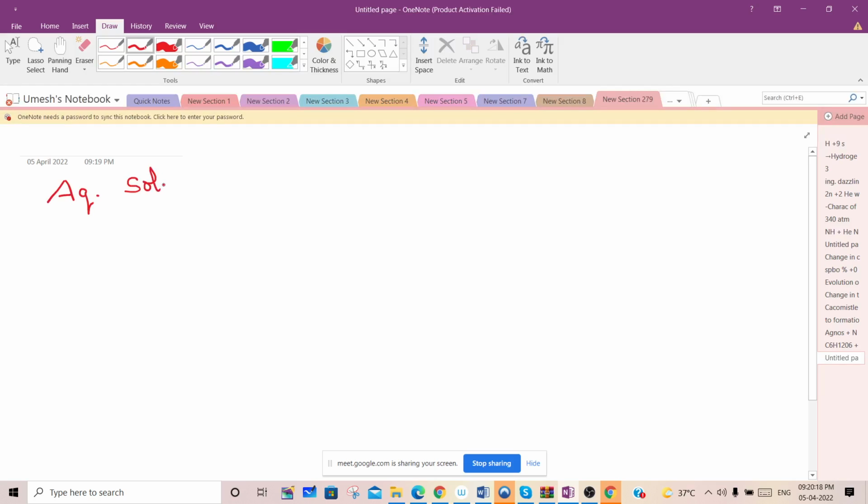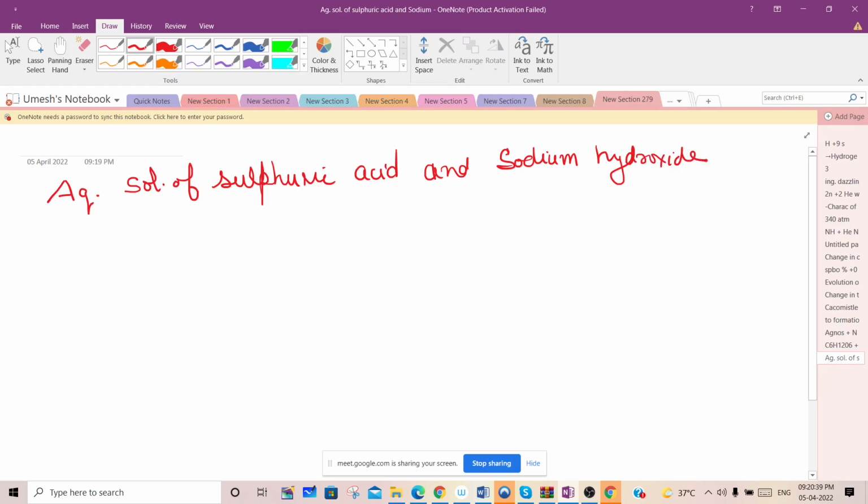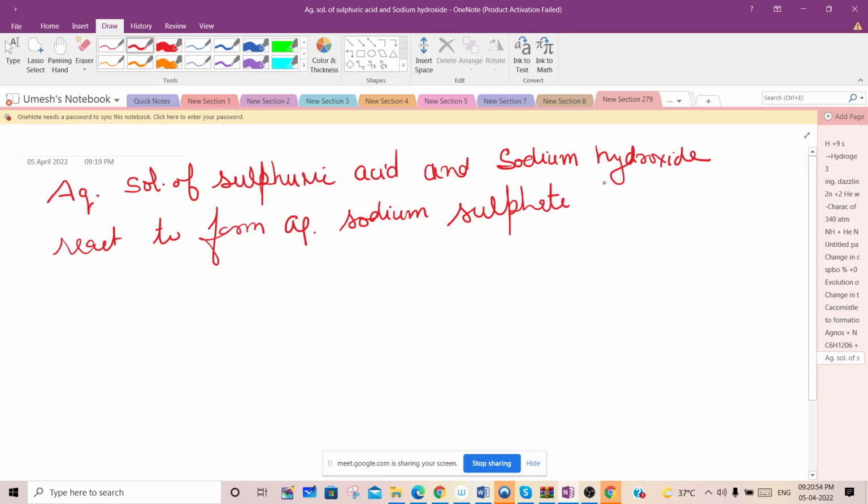Aqueous solution of sulfuric acid and sodium hydroxide react to form aqueous sodium sulfate and water.